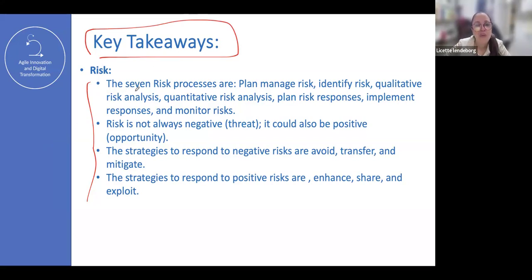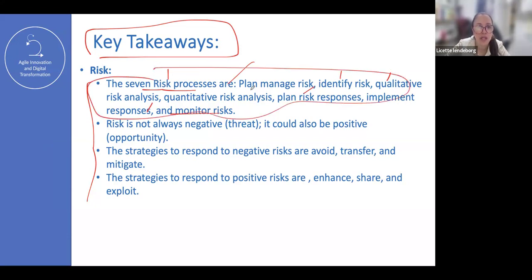Number 1, we have 7 processes in risk management: planning, identifying risk, qualitative analysis, planning responses, implementing responses, and monitoring. Remember that I gave you the most relevant processes here. We didn't touch a couple of those. That's not a problem. Number 2, risk is not always negative. Threat.